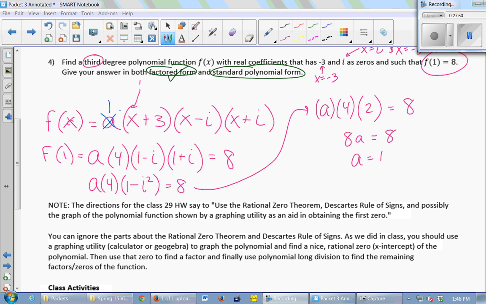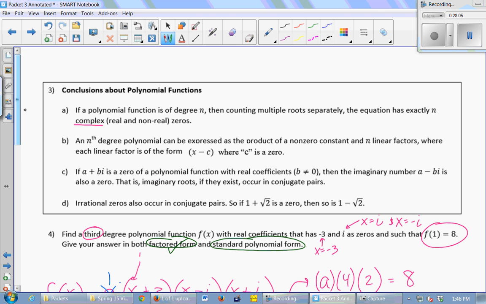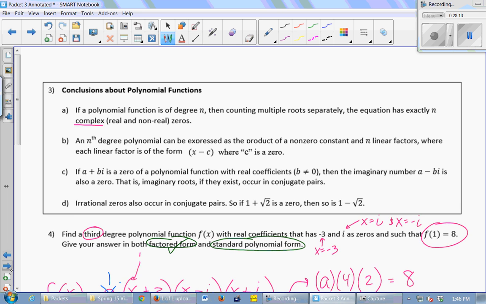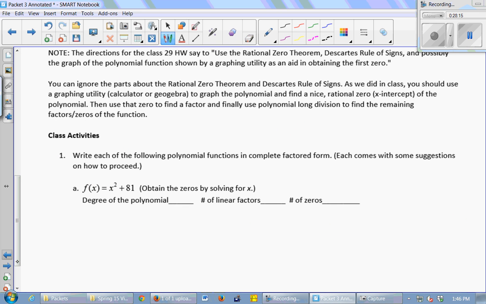You should use a graphing utility. You can use a graphing calculator or GeoGebra when you're doing your homework to find a nice rational zero. So you're going to just find a nice x-intercept of whatever the function is and use that as your starting point, right? Just like we did with the 2. If you go back up here, we found a nice rational zero using a graph. That's what you're going to do in your homework. So just ignore the directions that say use Descartes' rule of signs or the rational zero theorem.